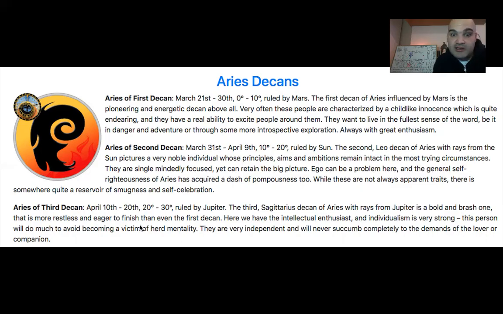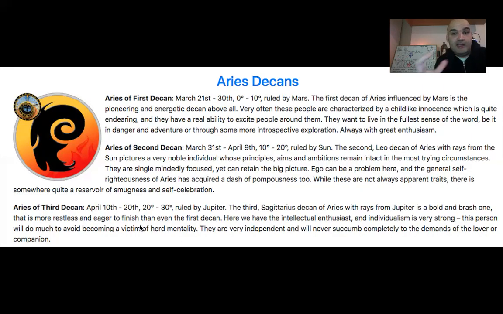They are single-mindedly focused, yet retain a big picture. Ego can be a problem here, and the general self-righteousness of Aries has acquired a dash of pompousness too. While these are not always apparent traits, there is somewhere quite a reservoir of smugness and self-celebration.